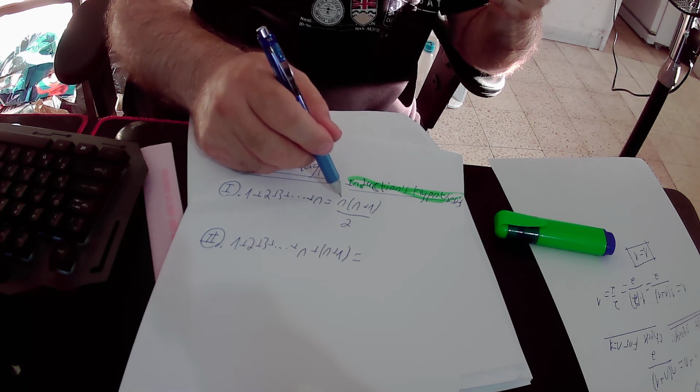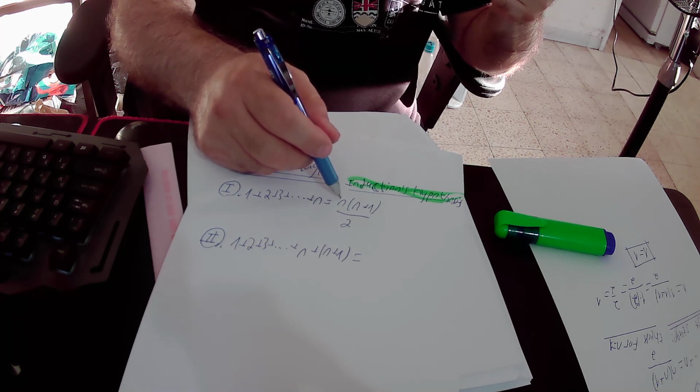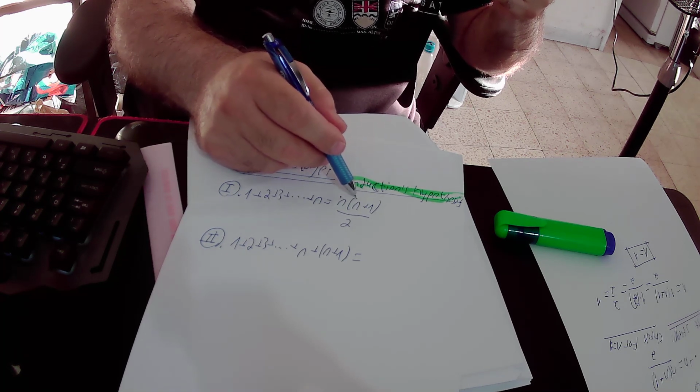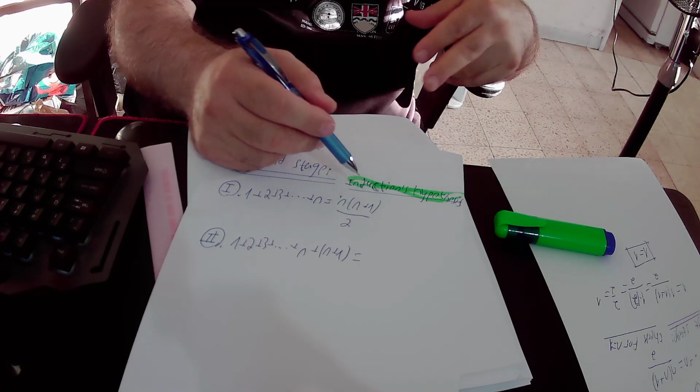So here instead of n it will be n plus 1, and also here instead of n it will be n plus 1, so it will be n plus 1 plus 1.